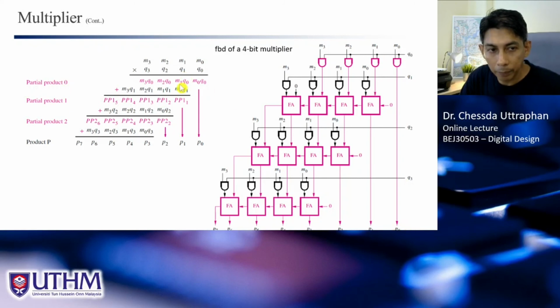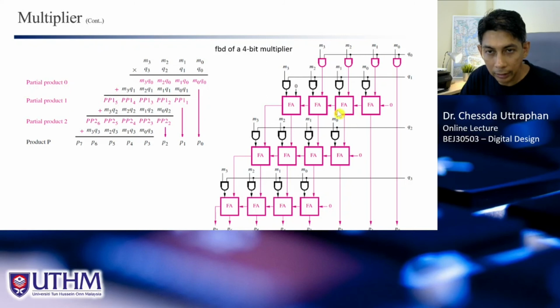And this one is M1 Q0, an AND operation, and it is the input of the adder. We add with M0 Q1. So this is M0 Q1. And we add, and we get this P1.